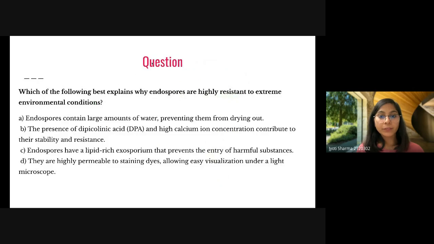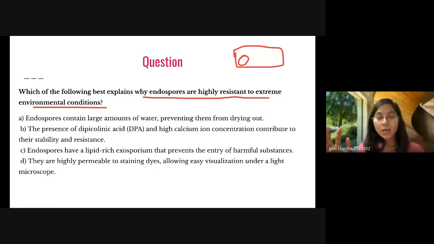So now coming to my next question. In the bacterial cell, let's say this is the bacterial cell, they also have endospores. And you have to tell why endospores are highly resistant to extreme environmental conditions. These endospores are part of the reproduction in bacteria.